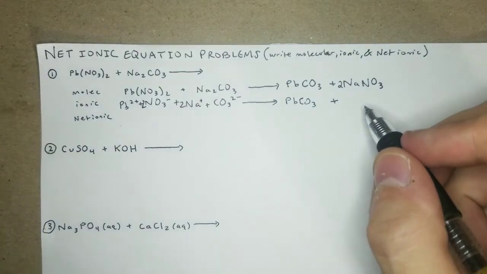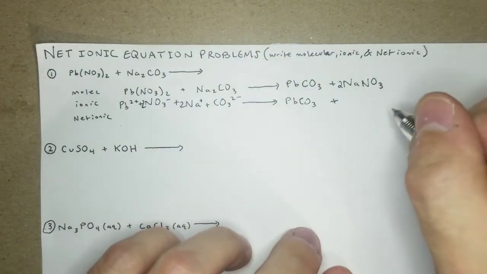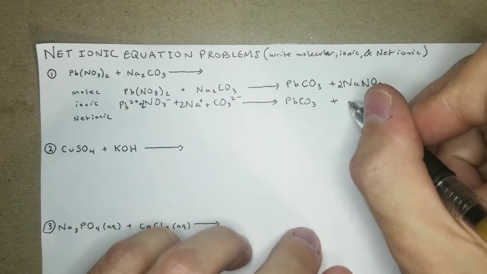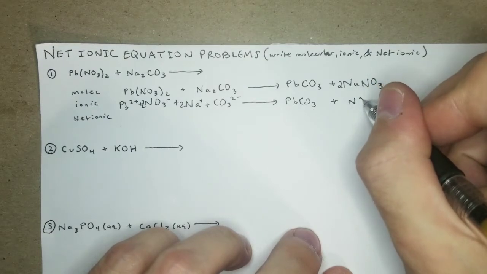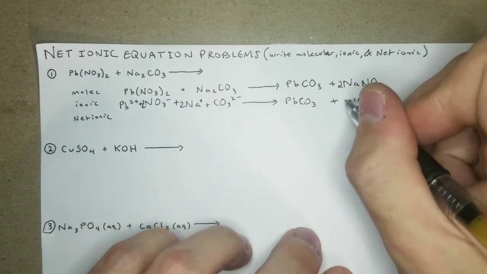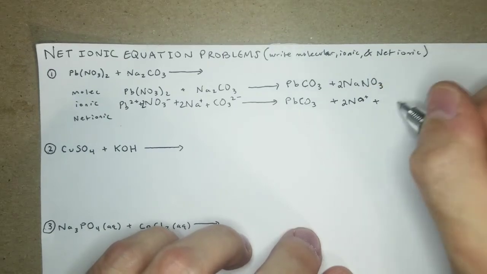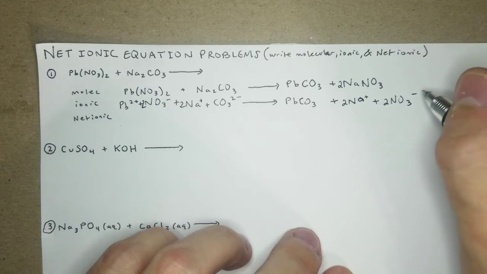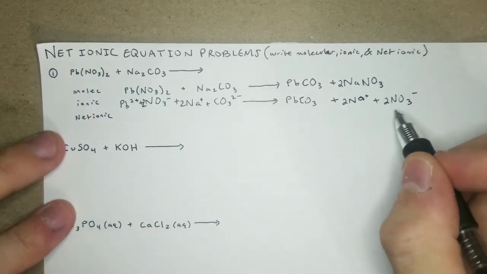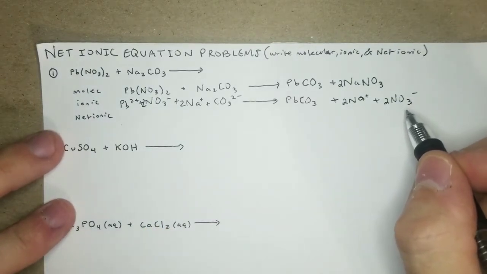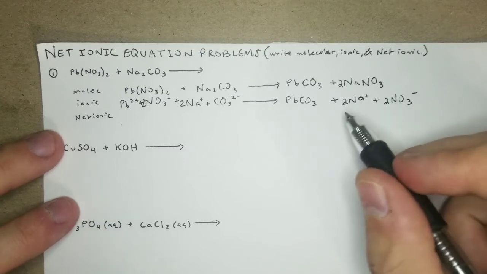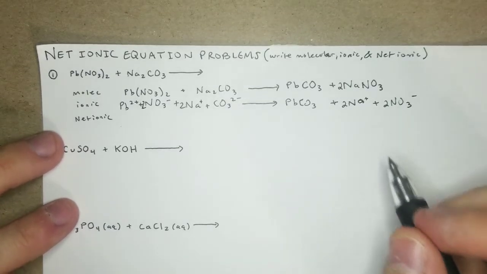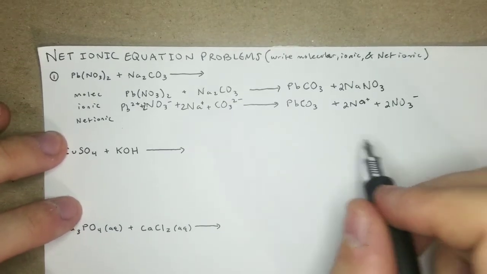Sometimes they won't. PbCO3, and then 2 Na plus, 2 NO3 minus. Almost always with an NO3, anything is going to be soluble. There's, I think, only a couple rare cases, so that's usually a safe bet if you're not sure.